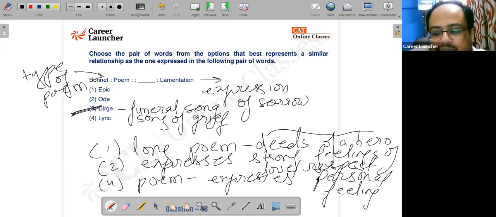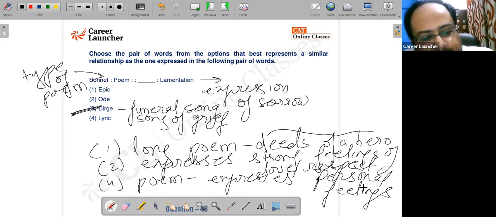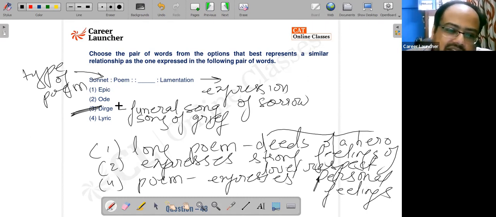Right? That is another meaning of lyric. But in a very normal usage, lyric is also the words of a song or a poem. So what I have described over here is all from the context of a poem. So the best option here is dirge, because dirge is related to lamenting.